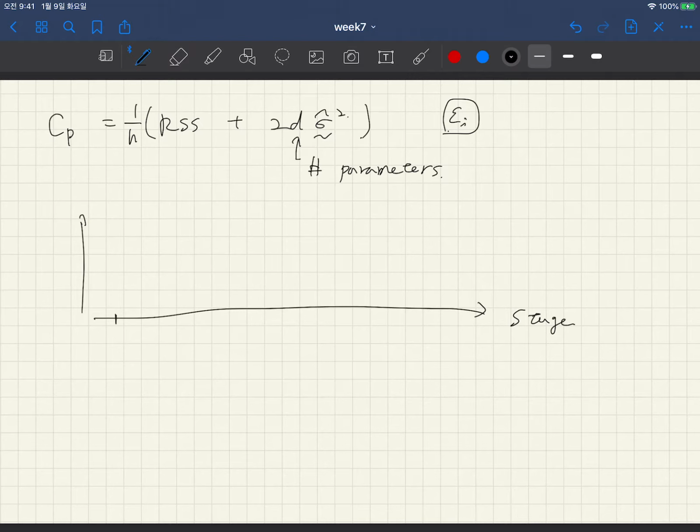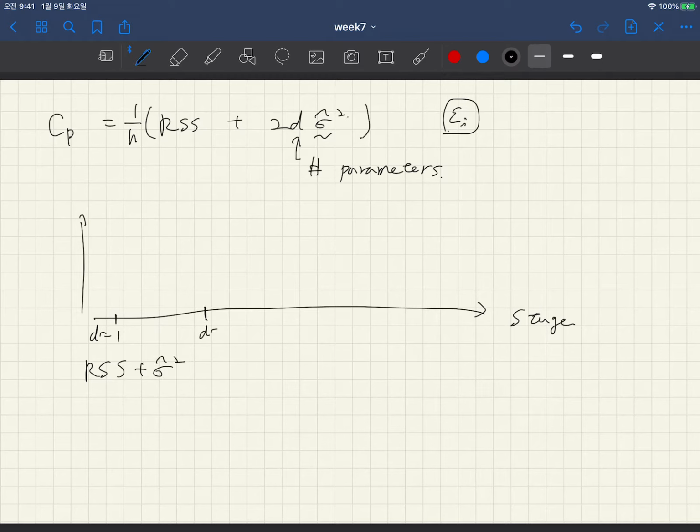At the first stage, d is equal to 1. You only have beta 0. With only one parameter, you find the best model and compute the RSS value. In this case, because d is equal to 1, you just add sigma hat squared.